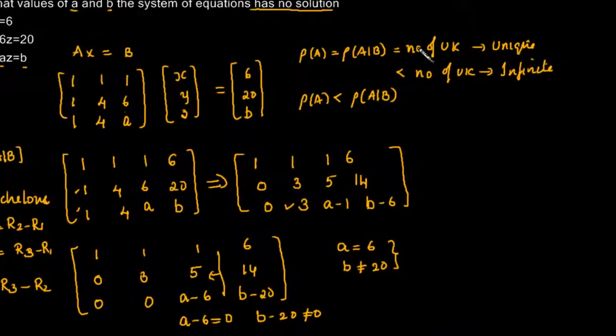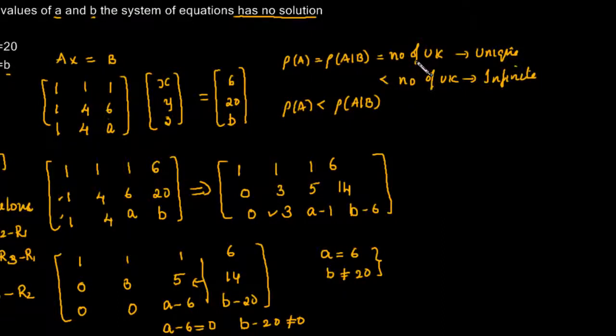Now let's quickly check these two cases also. If the system of equations is supposed to have a unique solution, then the rank of both should be equal to the number of unknowns. That means the rank of both should be 3. So in that case, we have a minus 6 should not be 0. Similarly, b minus 20 also should not be 0.